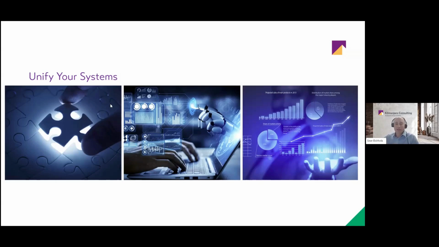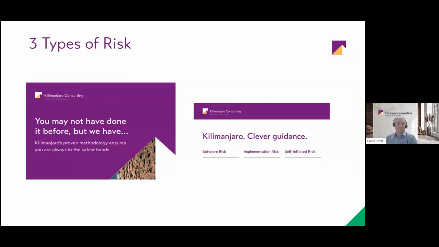Now, that's great to identify that you might be outgrowing your current software, but how do you go about looking for a new ERP system? Well, there are three types of risk typically that one needs to be aware of when looking at an ERP. There's software risk. Obviously, what we're looking at today is an MYOB product, a substantial company, so you can minimize the risk there.